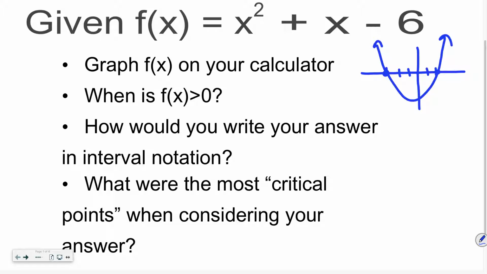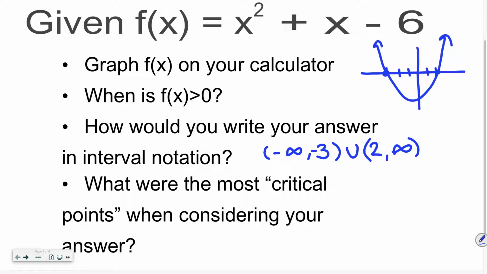So in interval notation, pod 5, where do we have positive y values? I had negative infinity to negative 3, and then 2 to infinity. Brackets or parentheses here. Okay. Negative infinity to negative 3 and 2 to infinity.